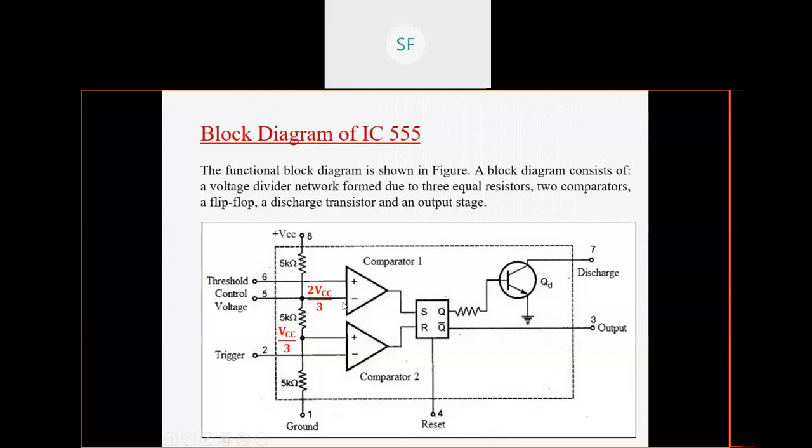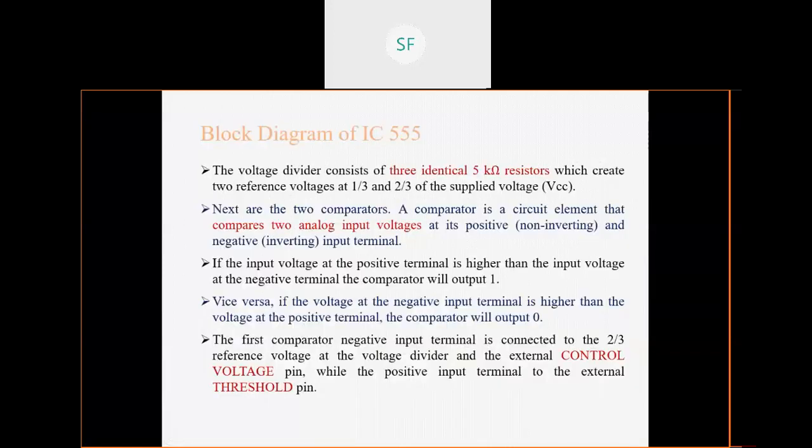And if the voltage at negative terminal is greater than voltage at positive terminal, then output will be 0. So this is very simple working of your comparator. The same working is mentioned in these 2 points.